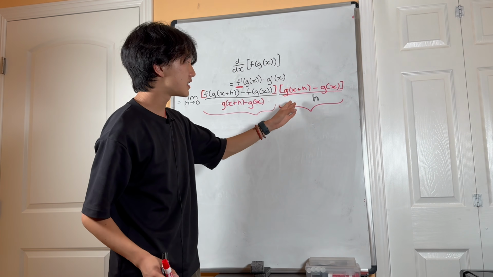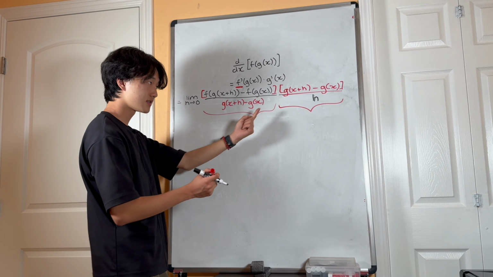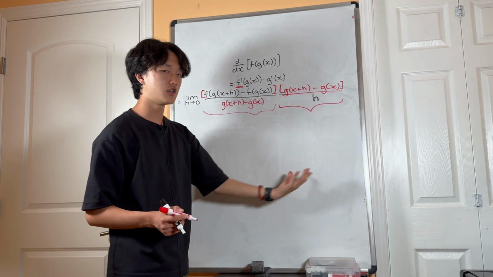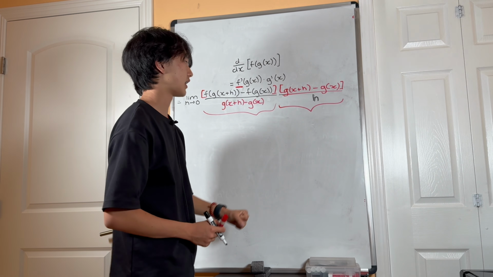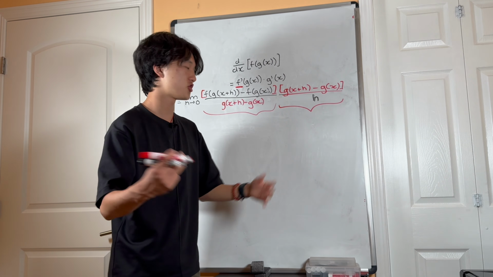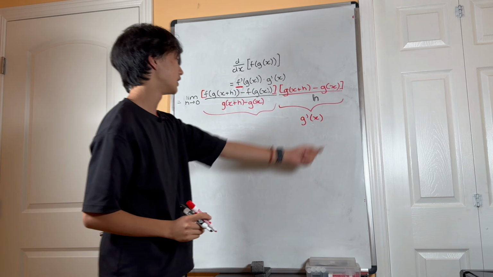So what happens if we take the limit of this thing right here? This, if you recognize it, is just the definition of the derivative of g of x, right? The limit as h approaches 0 of this is just g prime of x. It's the derivative of g of x.